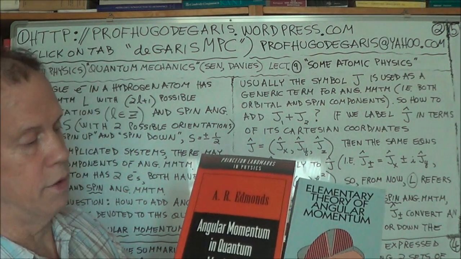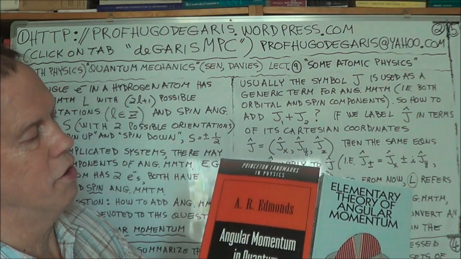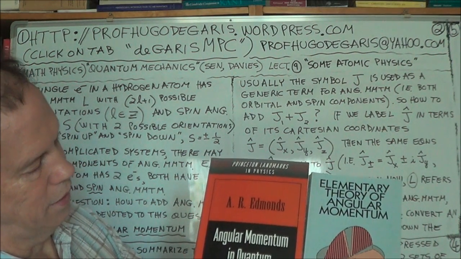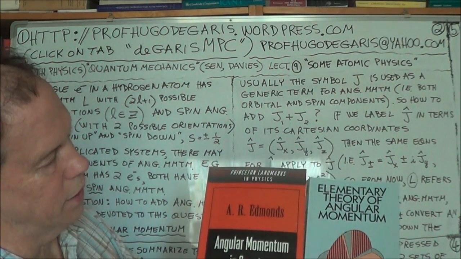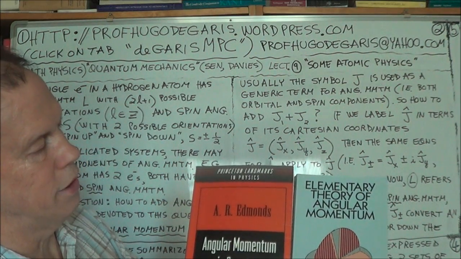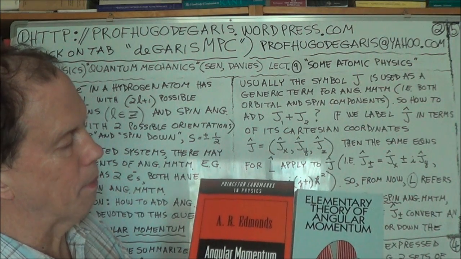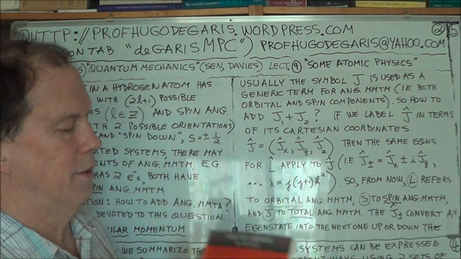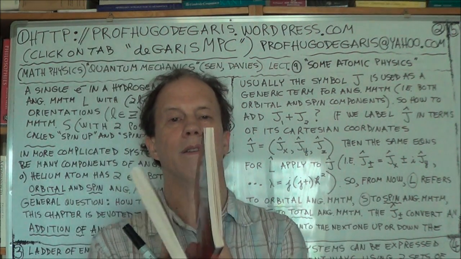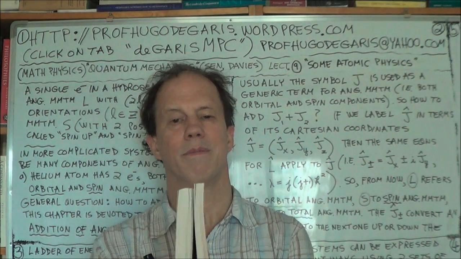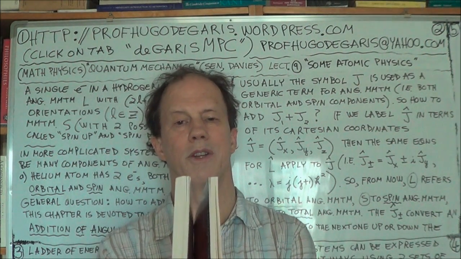Just for your interest, here are two books that I have. One's called Angular Momentum in Quantum Mechanics, and the other Elementary Theory of Angular Momentum. It's not so elementary. You can see the thickness, about 200-300 pages each.